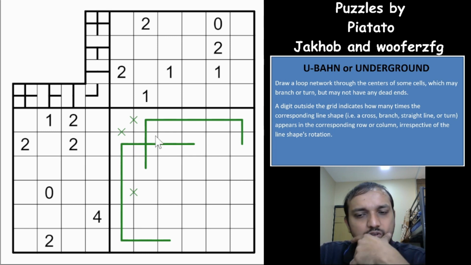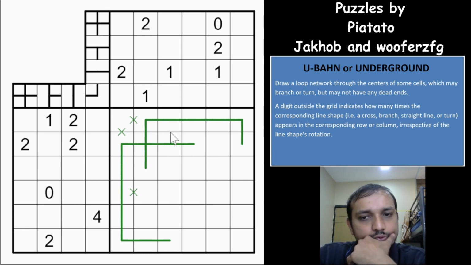It has to be somewhat with the row too. This is not a plus, this can still be a branch.